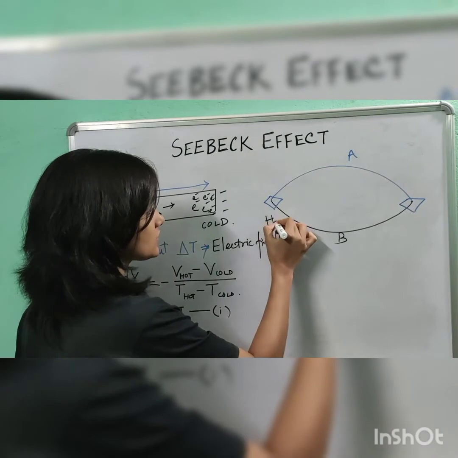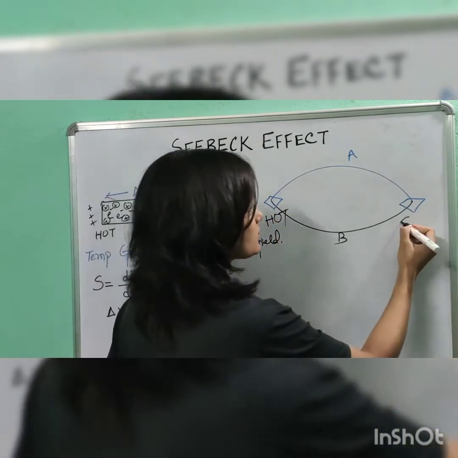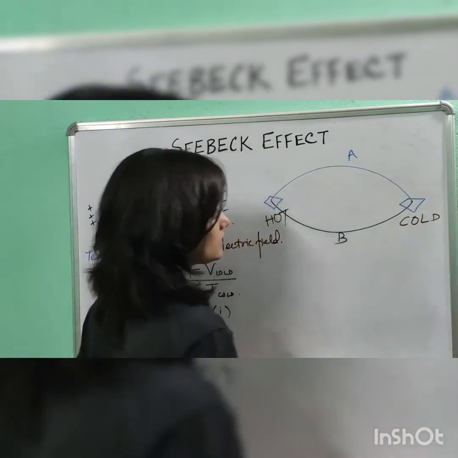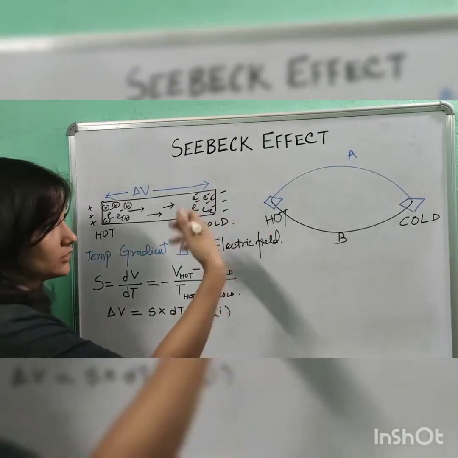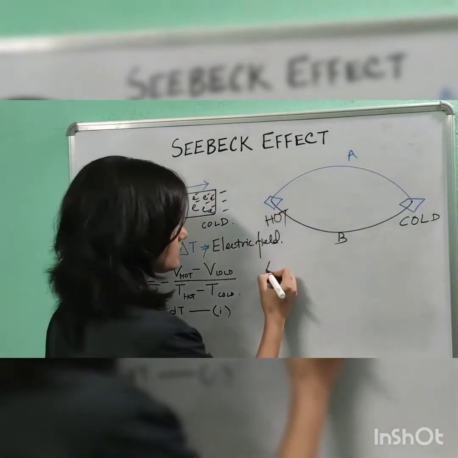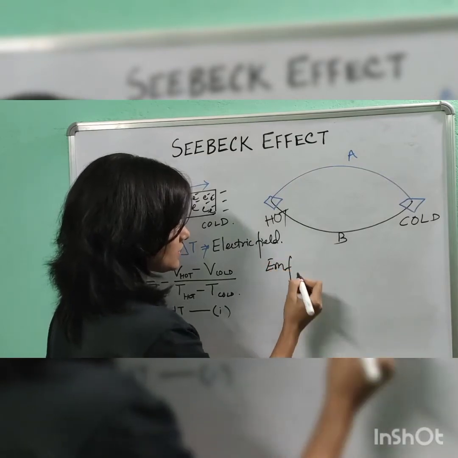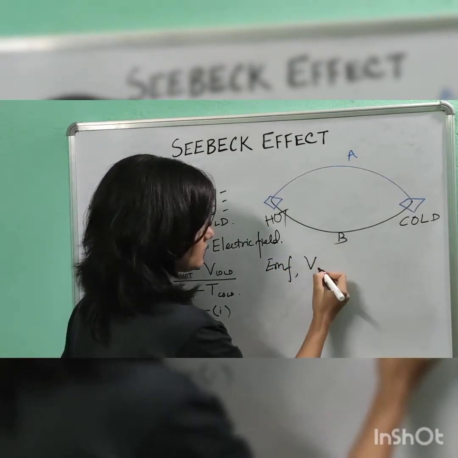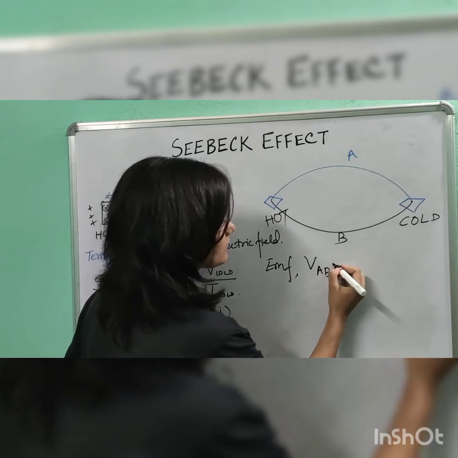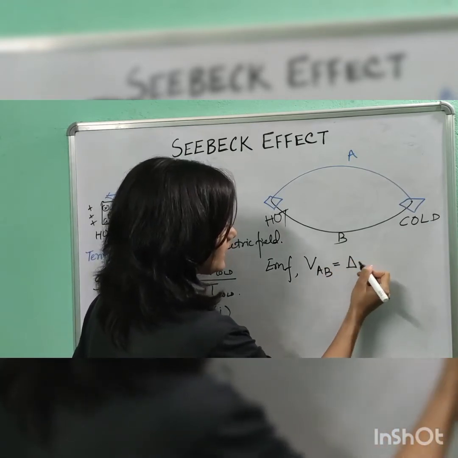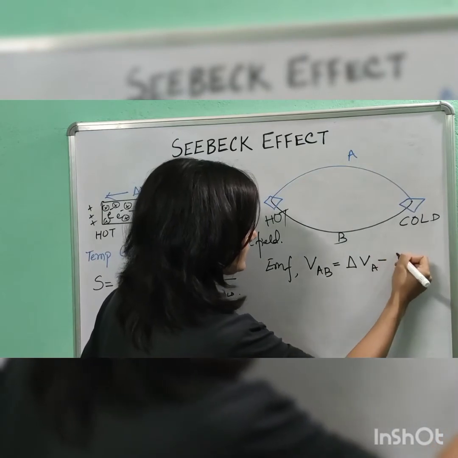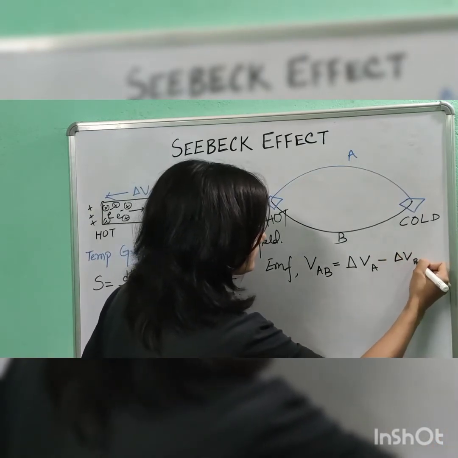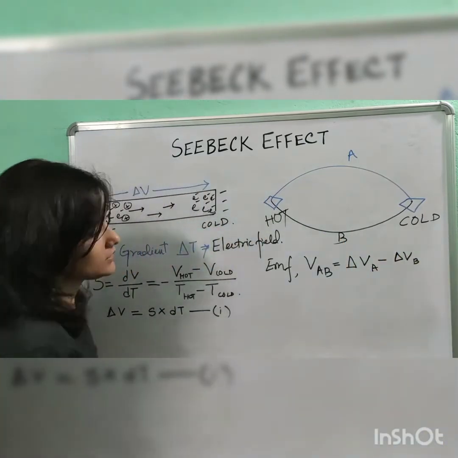Suppose this junction is made hot and this junction is made cold, then the EMF generated across the wires will be written as VAB is equal to delta V generated across wire A minus delta V of wire B.